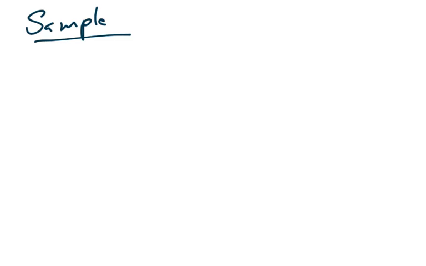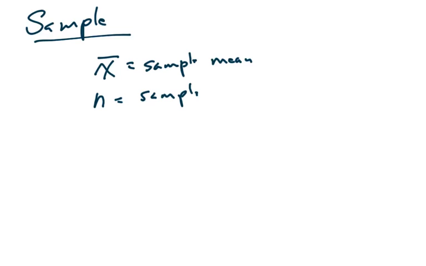And we're going to denote the sample mean by x with a bar on top of it, okay? And our sample size is going to be n. So this is the sample mean. This is the sample size. Okay, and remember, there's only one population mean, but we're not going to really know it. We're going to know a sample mean.